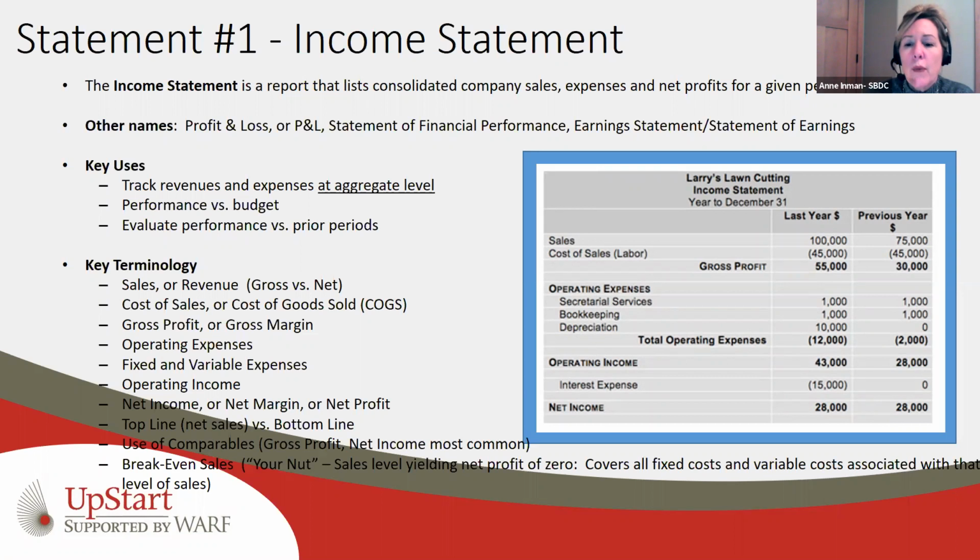Another term that I want to mention as it relates to expenses is the idea of fixed versus variable costs. Variable costs are similar to cost of goods sold, okay? They fluctuate with increases and decreases in production. So this would be things like direct materials or direct labor or inventory, whereas fixed costs are those costs that stay constant from month to month, and they don't fluctuate with sales.